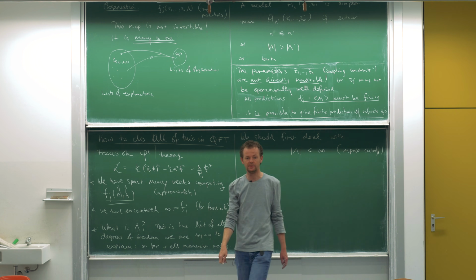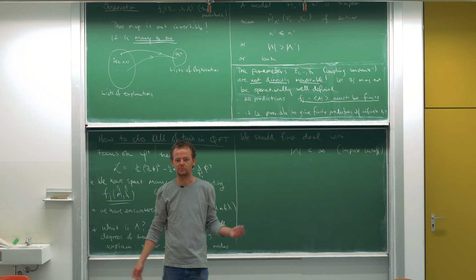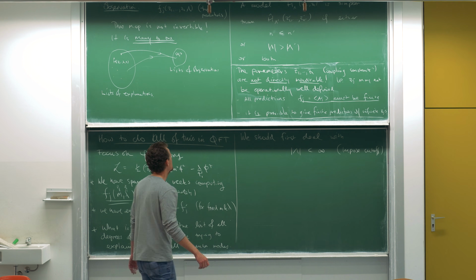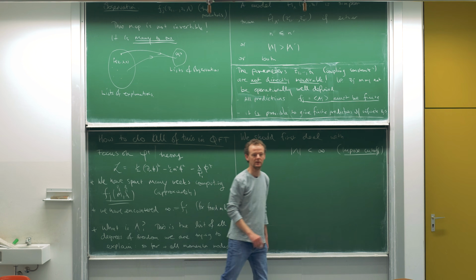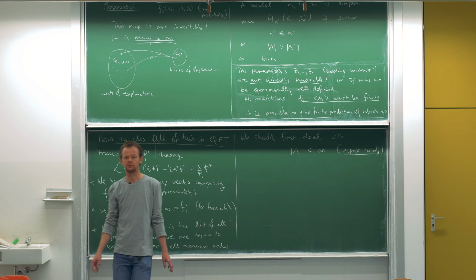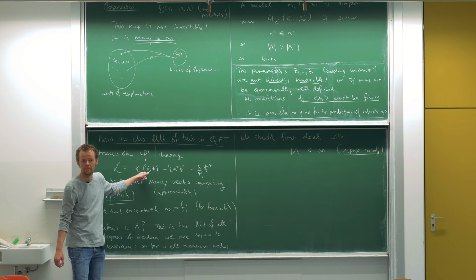We should deal first with the case where lambda is not infinity, right? This was just too ambitious. You can't run before you can walk. And that's called, in the business, imposing a cutoff. We're just not going to attempt to explain all degrees of freedom with this very simple model.